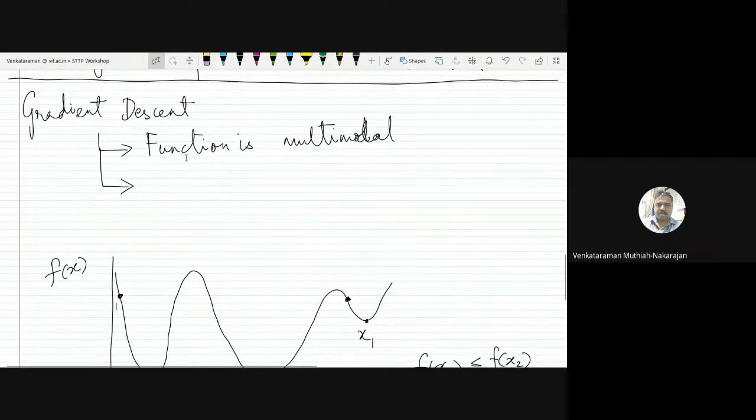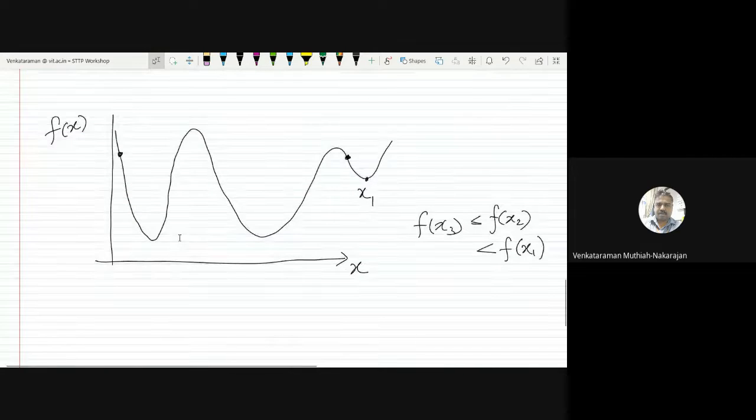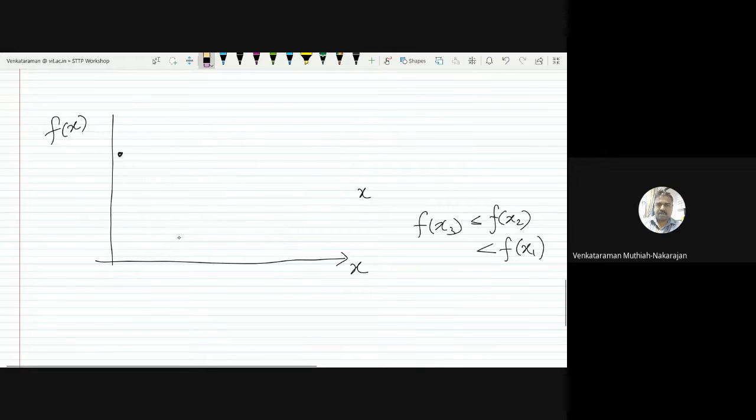Okay. The second condition that gradient descent applies is that the function should be differentiable. If it is not differentiable, then you have serious problems. Suppose you have a function whose minima appears like this. So we have a function which appears like this.